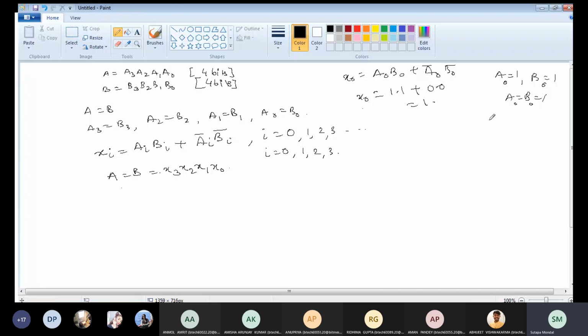Similarly, if A1 is equal to B1 is equal to, suppose, 0. What will be the value of X1? That is 0 dot 0 plus 1 dot 1, so again it will become 1. So X1 will become 1, and X0 will become 1.